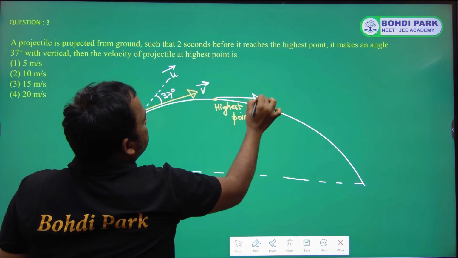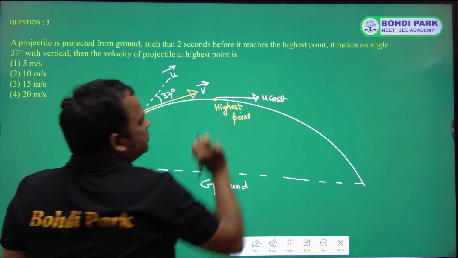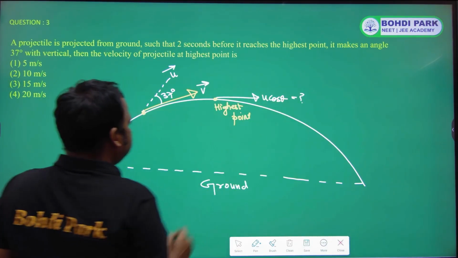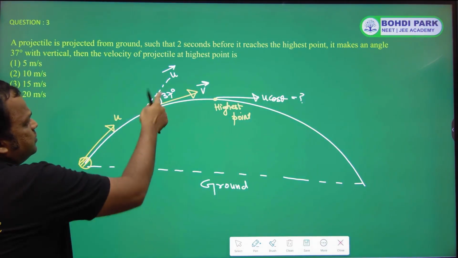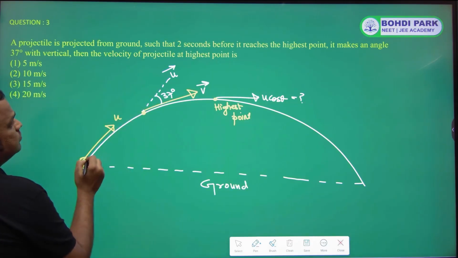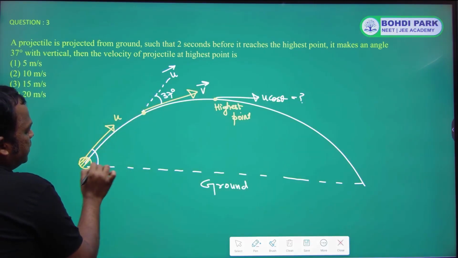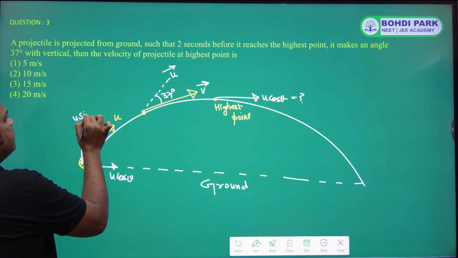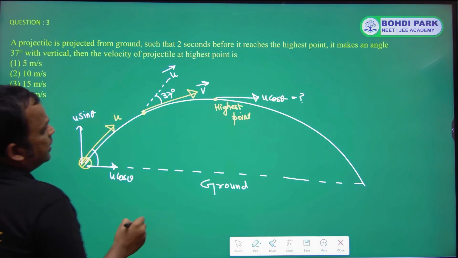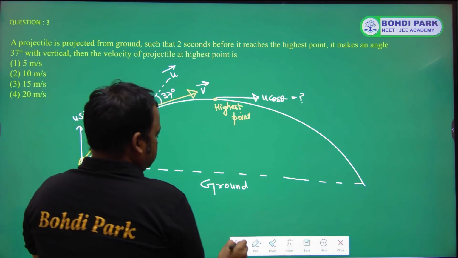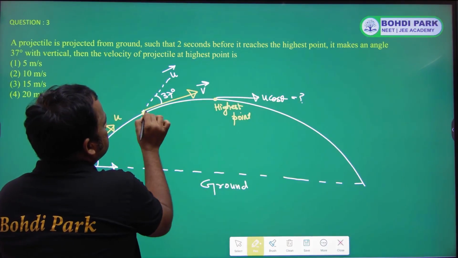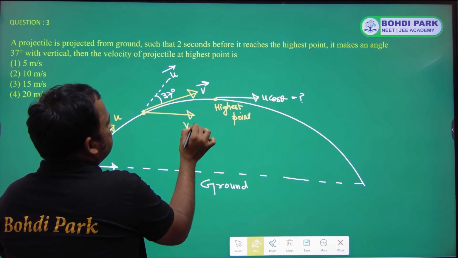So at highest point we know that velocity is u cos theta. So we have to find u cos theta. So let's use this concept. So x component is u cos theta, y component is u sin theta initially, and finally for final velocity the x component is v.